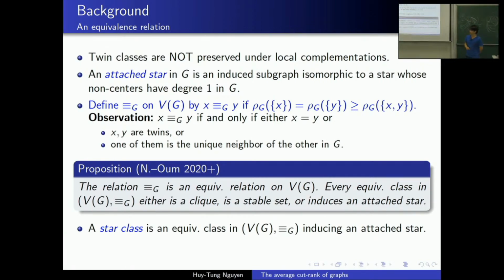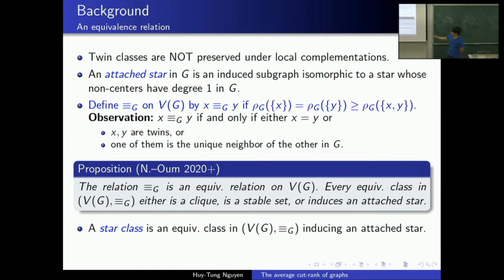And every equivalence class is either a clique, a stable set, or it induces an attached star. For this reason, I will call a star class an equivalence class in this equivalence relation inducing an attached star.